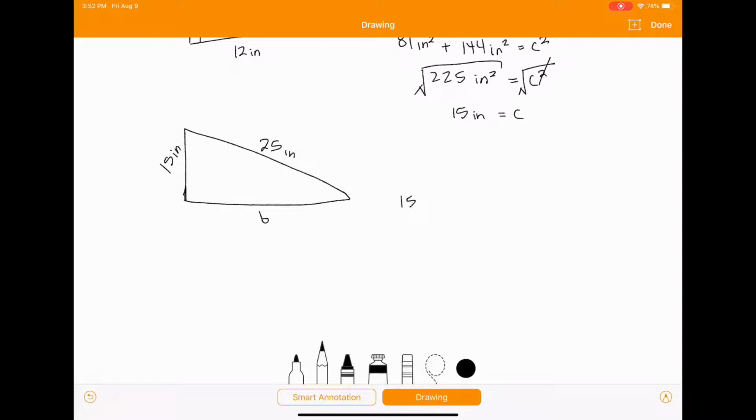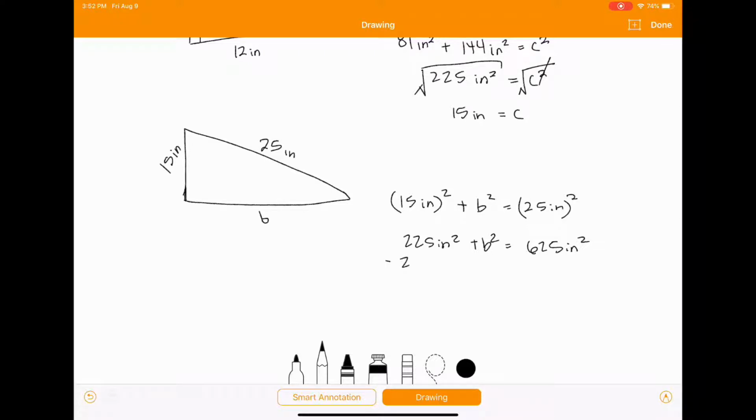So A squared plus B squared, which we don't know, so we'll just leave it as B, equals C squared, which is 25 inches squared. So then you can go ahead, 15 squared is going to be 225 inches squared, plus B squared equals 625 inches squared.